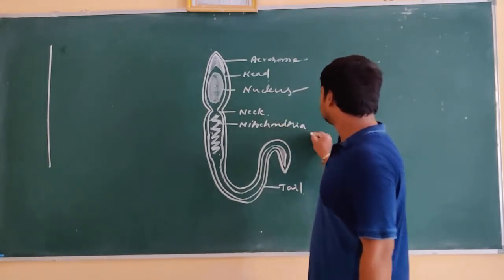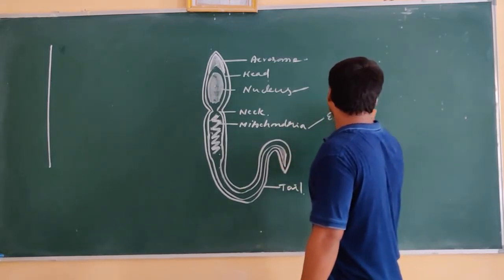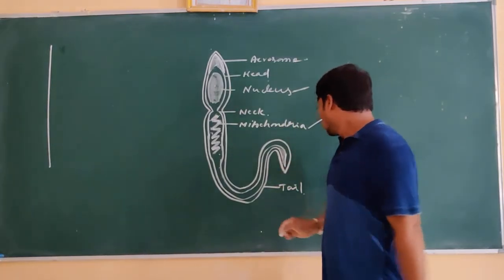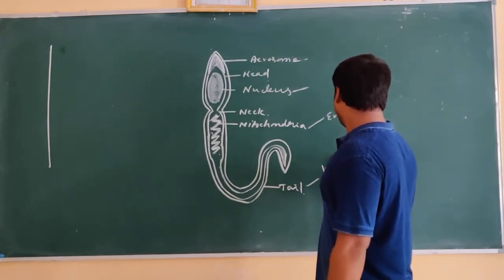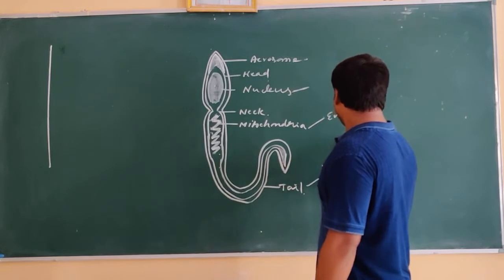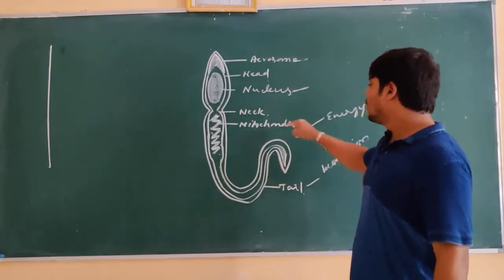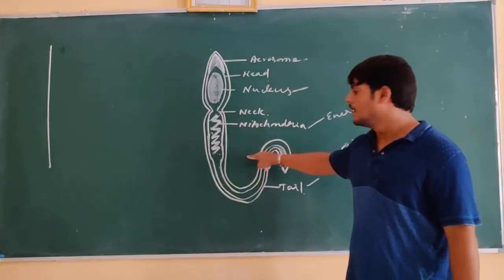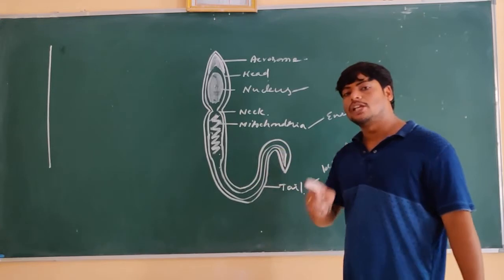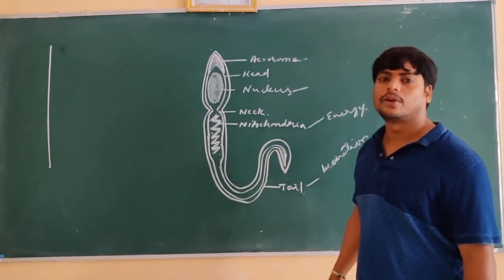Next, the neck region consists of mitochondria, which helps in production of energy, and the tail helps in locomotion, that is, for movement. Why? Because during sexual intercourse, after deposition of these sperm cells in the female body, they need to reach the ovum present in the female reproductive system.